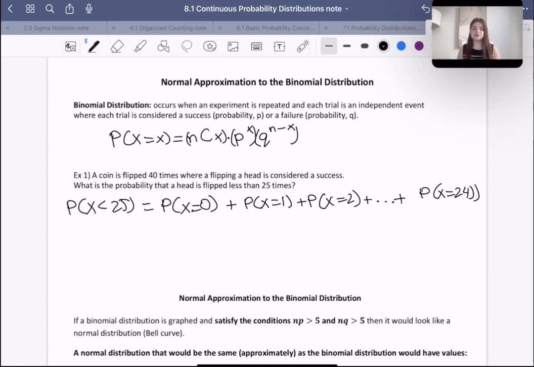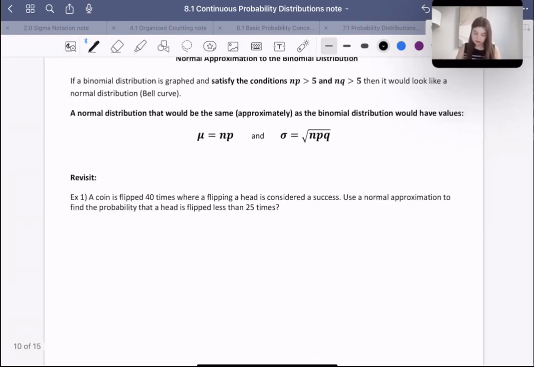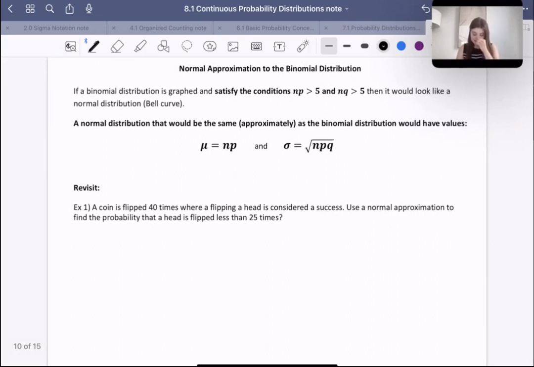That's where the normal approximation to the binomial distribution comes in. If a binomial distribution is graphed and satisfies the conditions that n times p is greater than 5 and n times q is greater than 5, then it would look like a normal distribution. That's something to remember.